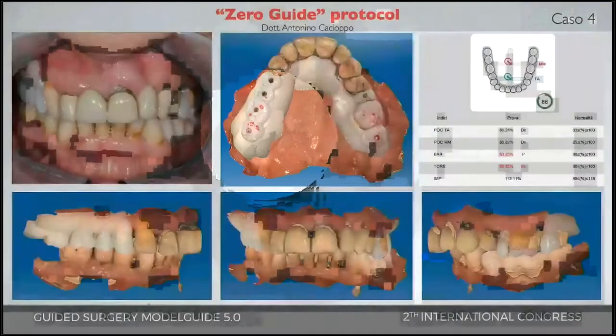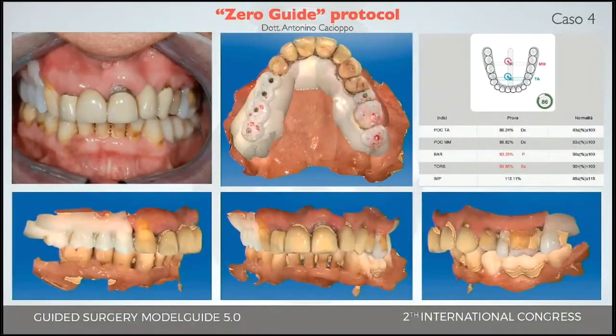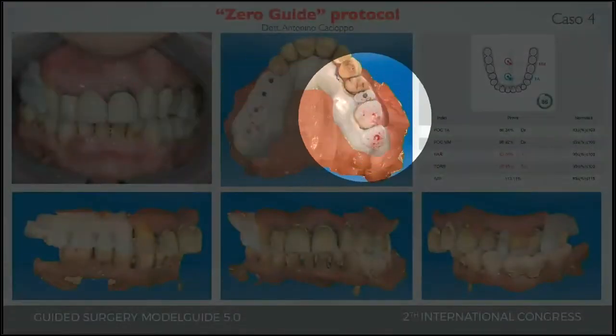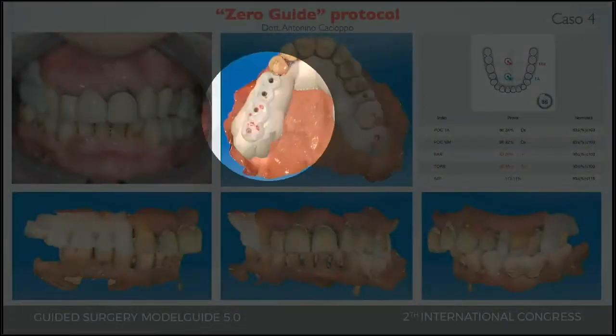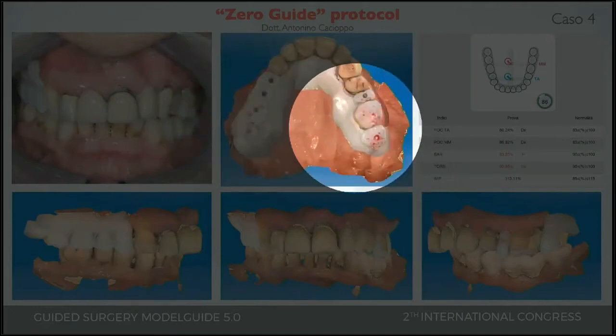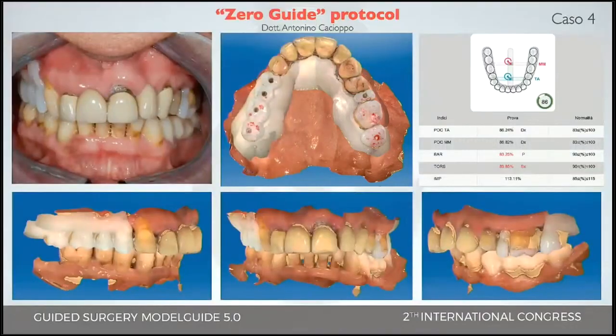This is the try-in of this workshop, and these are the real contact points with my contact paper, and I scanned in color the contact points with a classical paper, the analogical way.